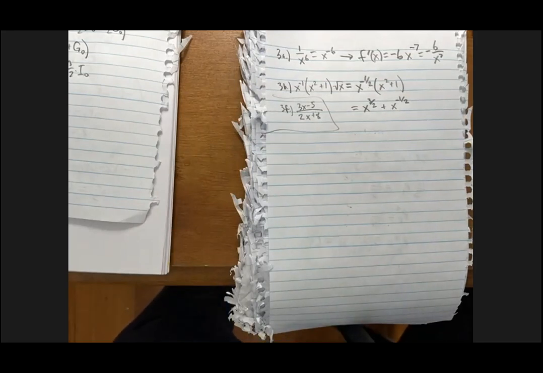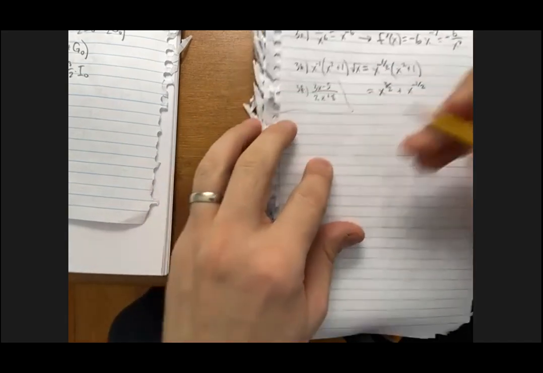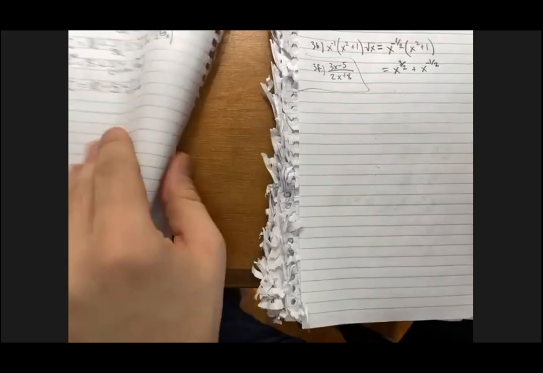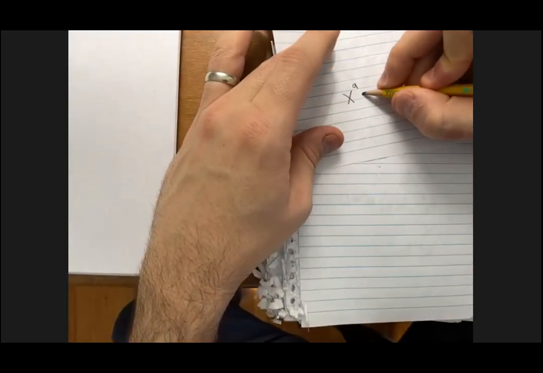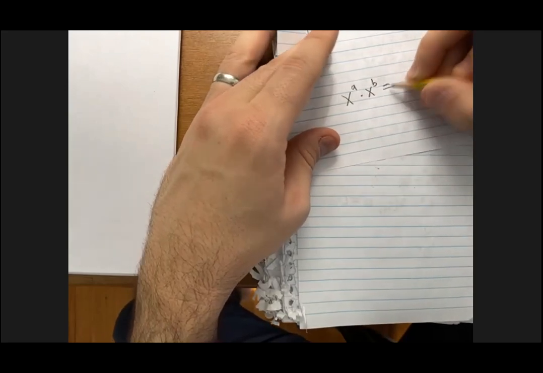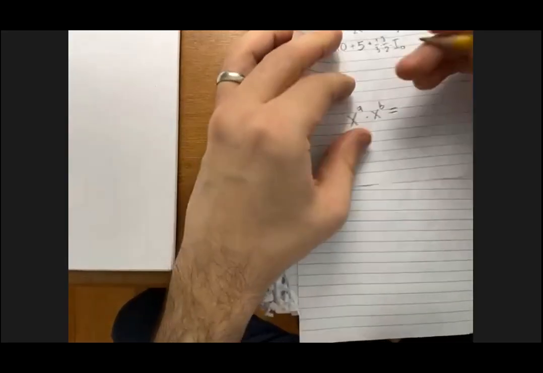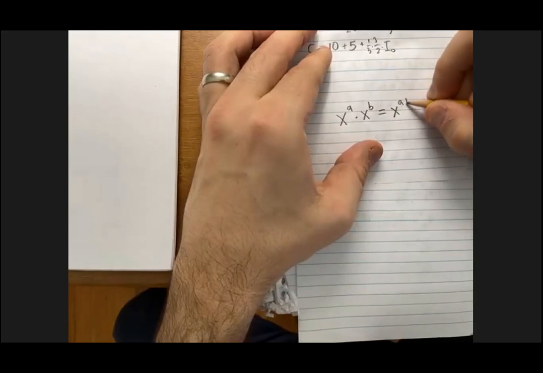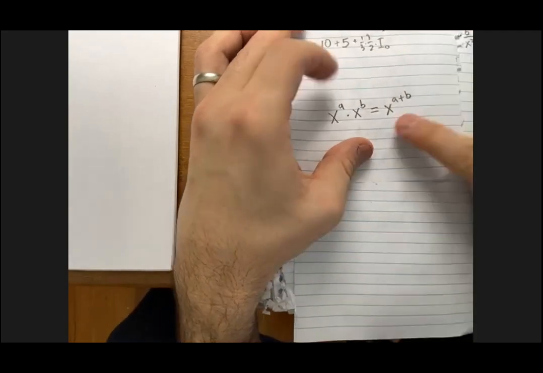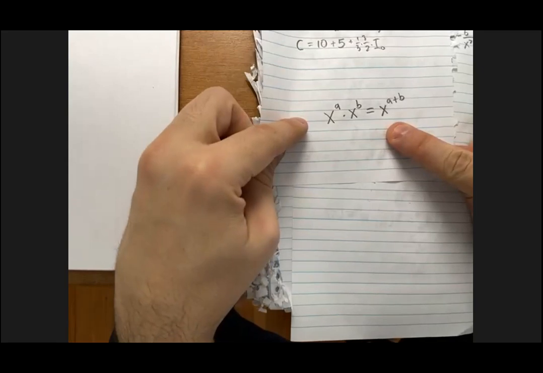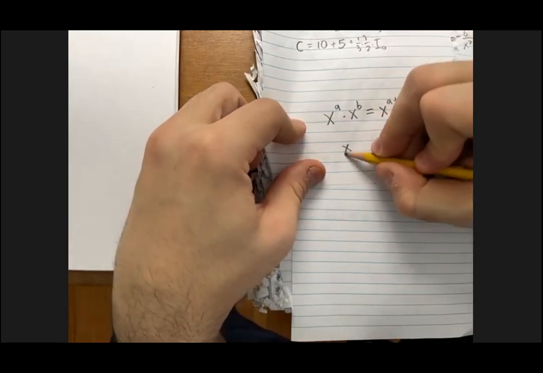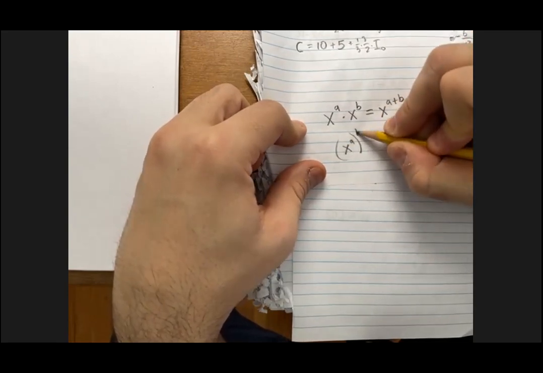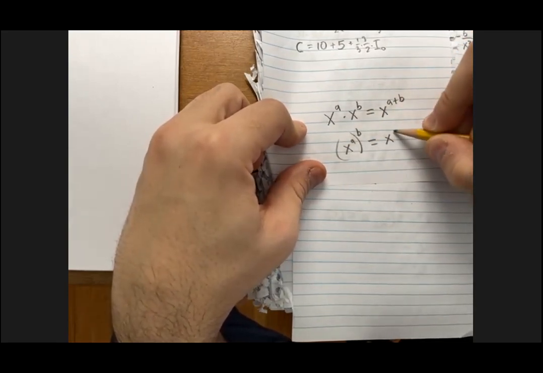Maybe it is worth it here, just remind you how exponents work. And you know what? You can go back and look at my slides because I talk about it in those slides. But anytime you see something like x to the a times x to the b, that is equal to x to the a plus b, right? That's just how exponents work. Or if you see something like this, x to the a to the b power, that's the same as x to the ab.